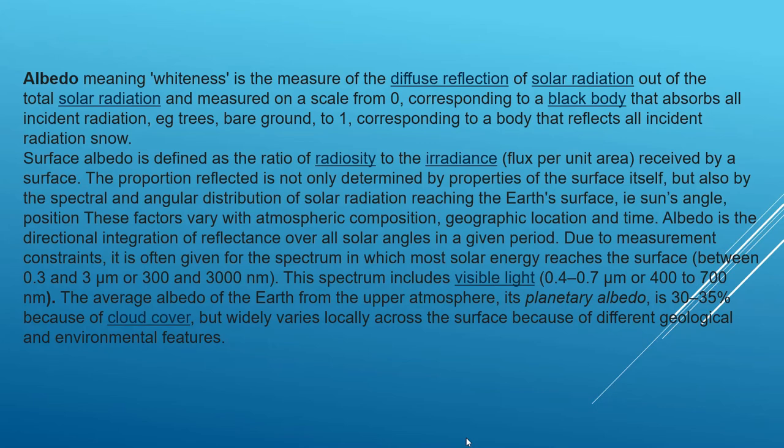The average albedo of the Earth from the upper atmosphere, its planetary albedo, is 30 to 35% because of cloud cover. This widely varies locally across the surface because of different geological and environmental features and properties.